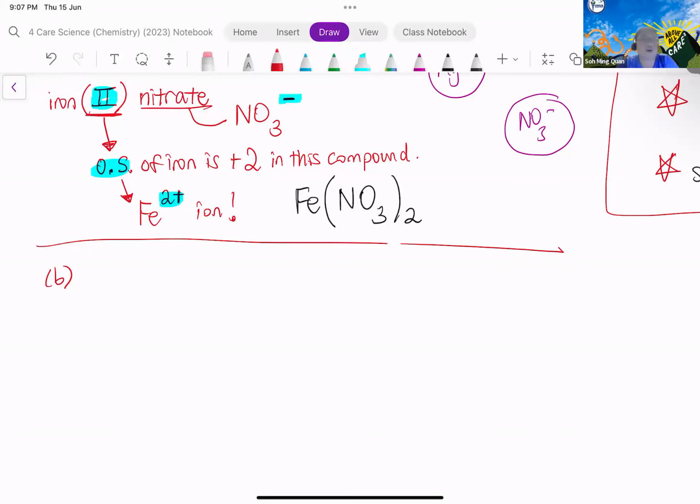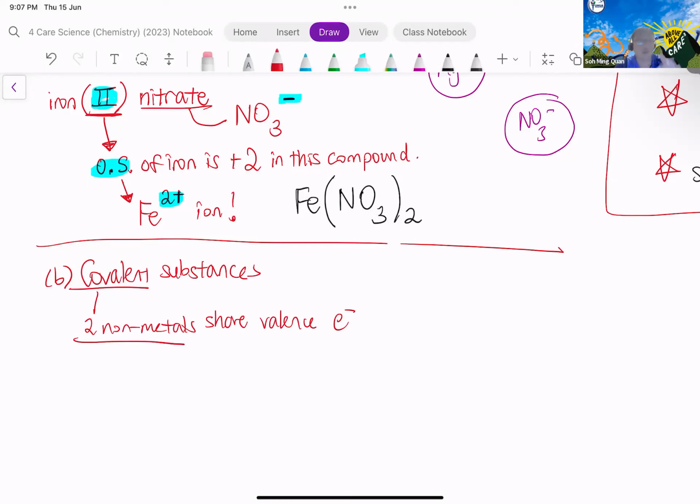Okay, so now let's move on to the formula of covalent substances. So as mentioned in our previous lesson, covalent bonding is when 2 non-metals share valence electrons. So the idea here is 2 non-metals. You know something is a covalent substance if they are only non-metals. There should not be a metal in its name. So take for example, carbon dioxide. Carbon is a non-metal.